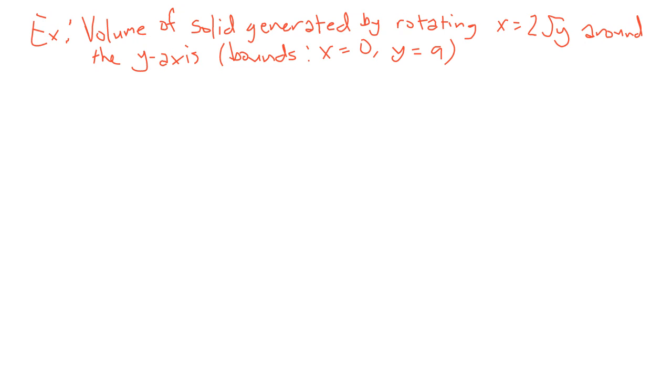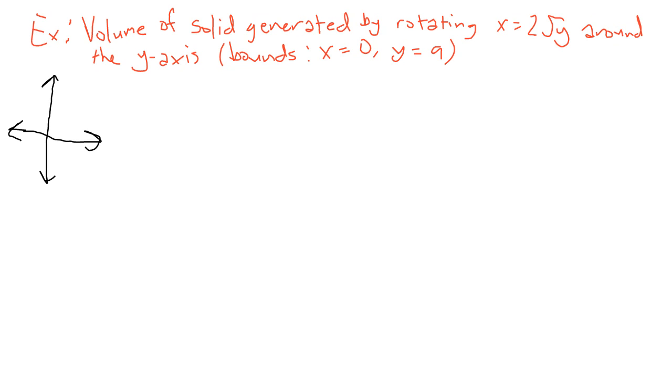All right, so now let's go ahead and draw this and see what we have. If we draw this in a graph, we can think of x equals 2 square root of y as being y equals x squared over 4.